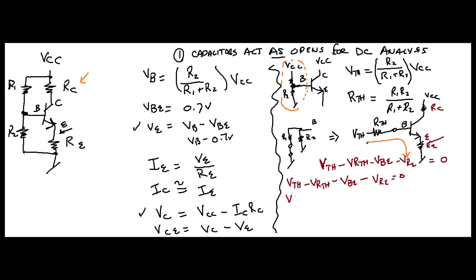So we're going to say V Thevenin is going to equal VRTH, the voltage drop across your Thevenin resistance, plus VBE plus VRE, right?